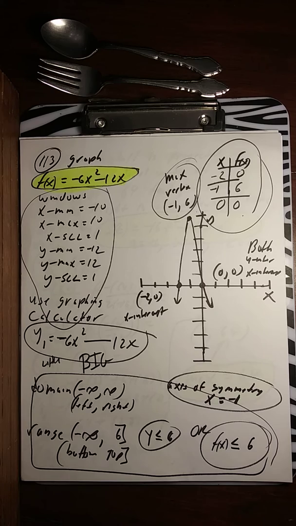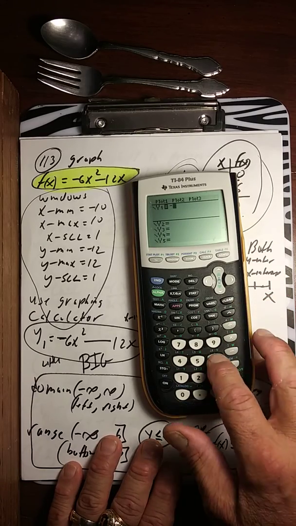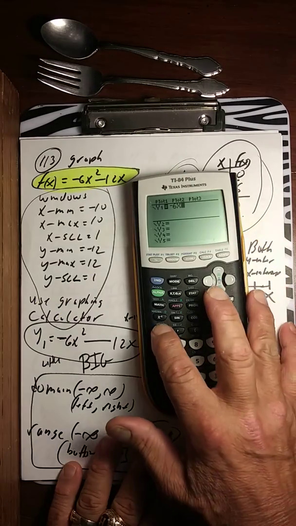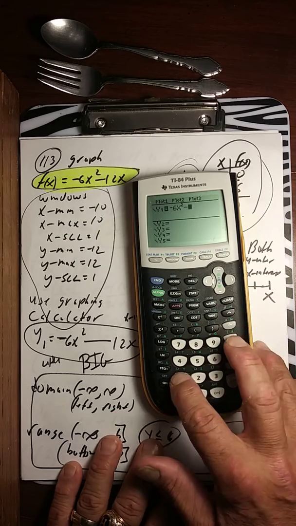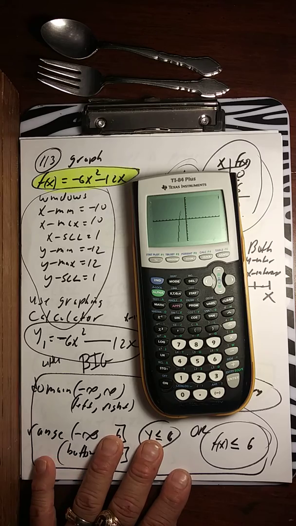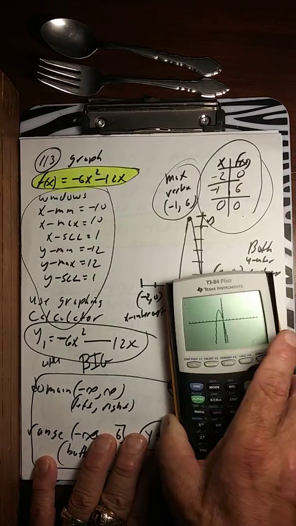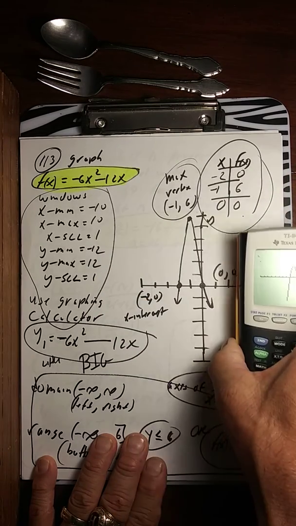Same thing, put it in the calculator, let's not even mess with it. Okay, so we have negative 6x squared minus 12x, hit graph, and there it goes. And domain, same thing, we don't need it. So there's the problem, there's our answer.